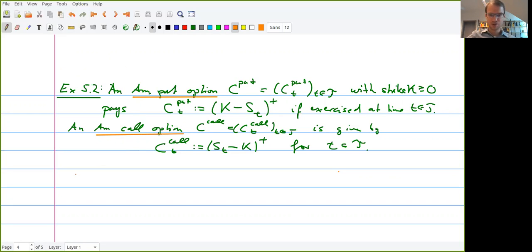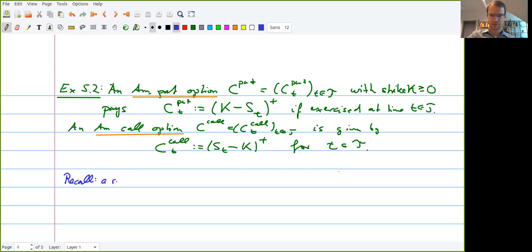So we also need to mathematically model this idea of the buyer exercising the option. The buyer should only use the information available up to time t. And this brings us back to stopping times.